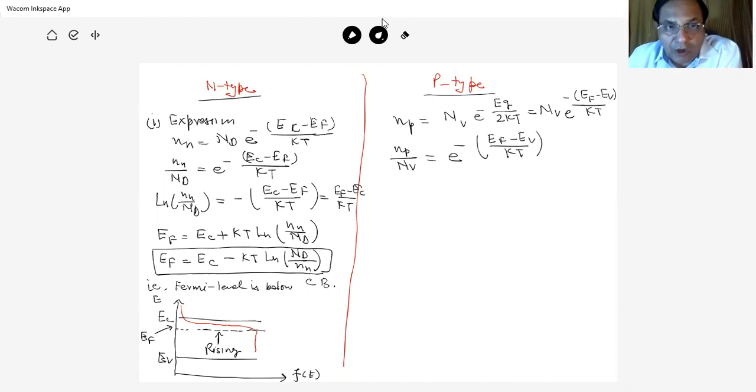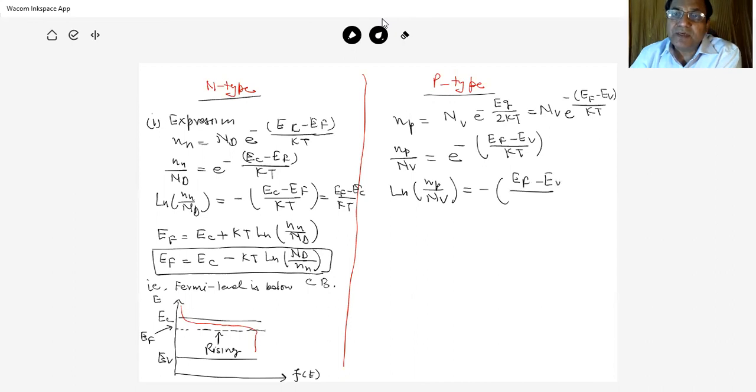Taking log of both sides, log of Np upon Nv is equal to minus Ef minus Ev upon kT, that is Ev minus Ef upon kT.